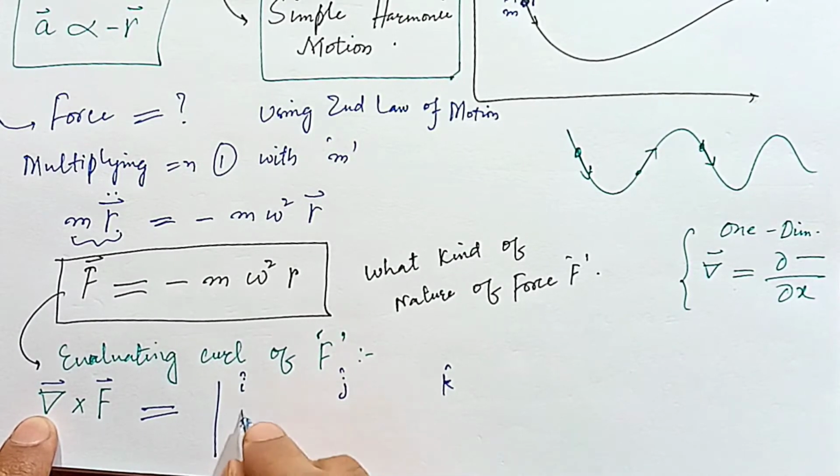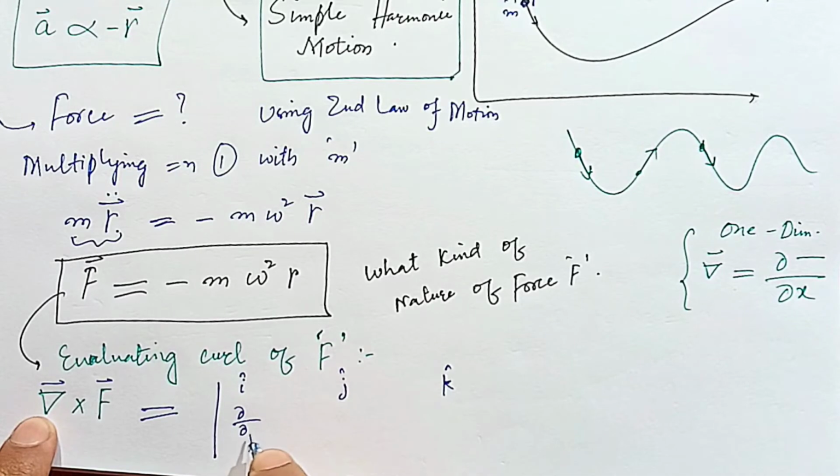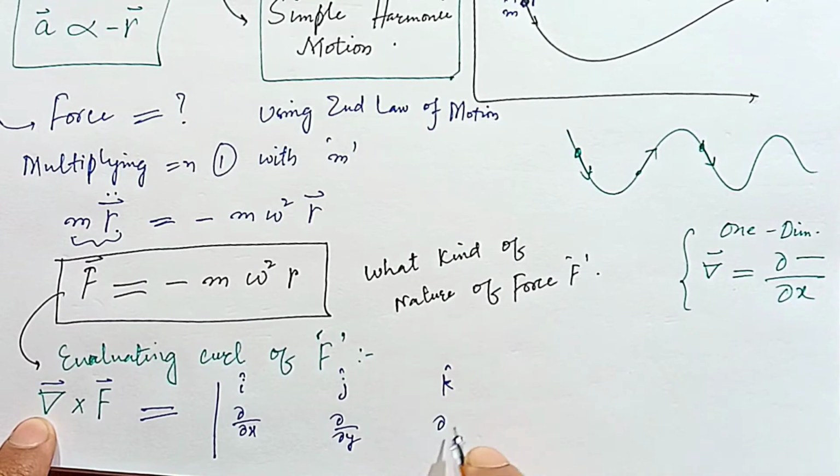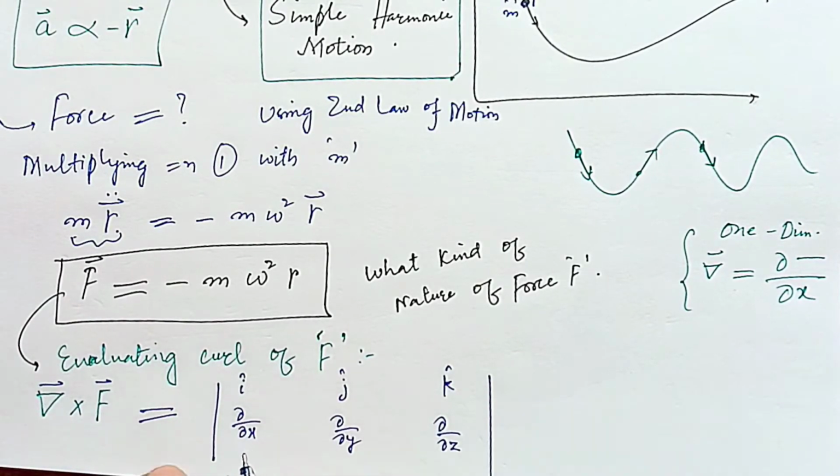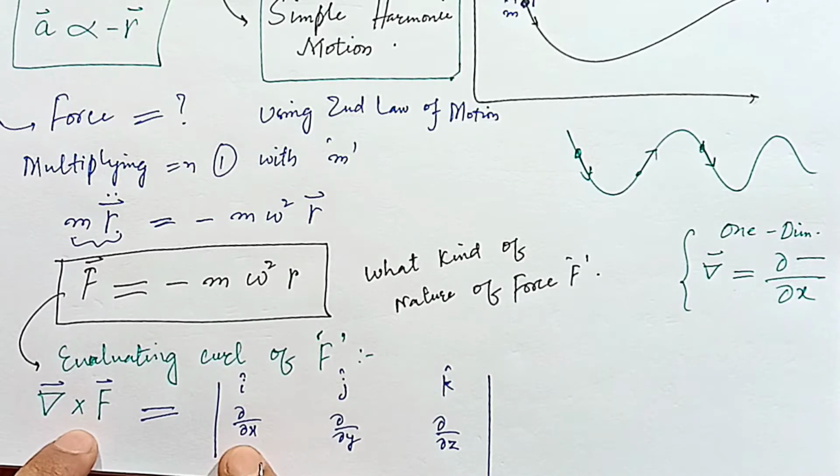It is partial by partial x, that is differentiation with respect to x. Along the y-axis it is differentiation with respect to y, and along the z-axis it is differentiation with respect to z. This is the determinant of this very thing. What is the force component along the x-axis?